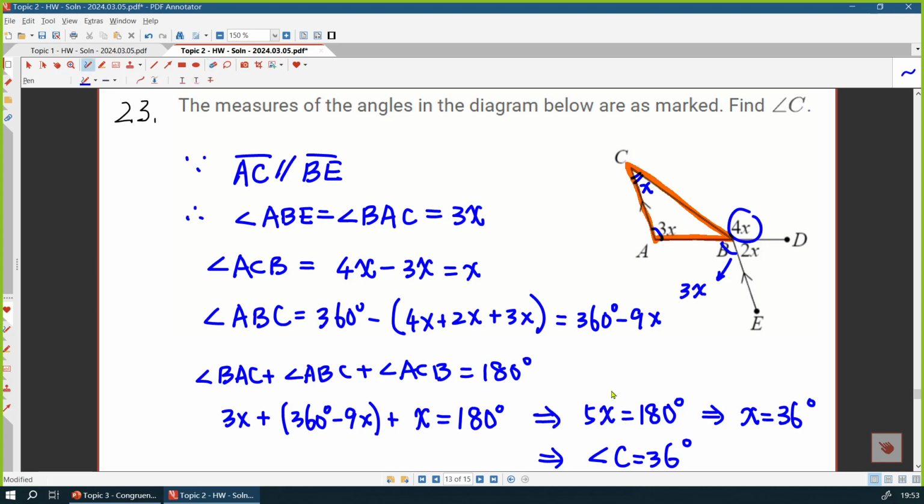Yes? Why is angle C x? Yeah, because this angle here is 4x, right?